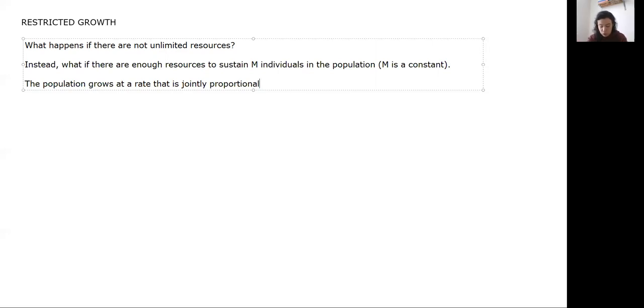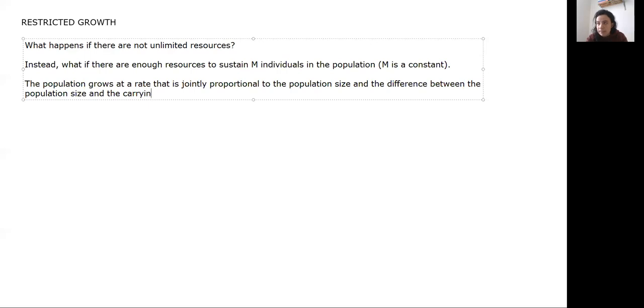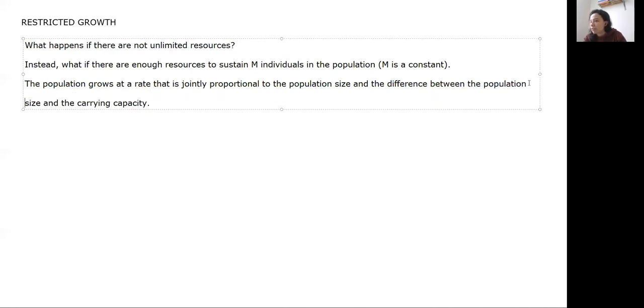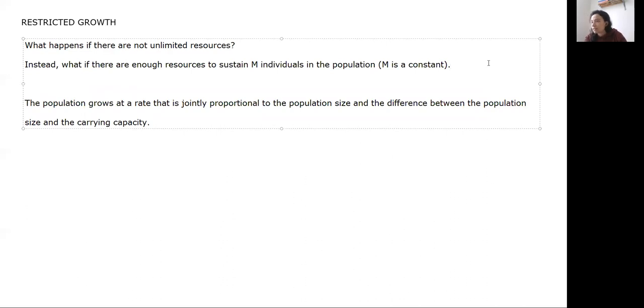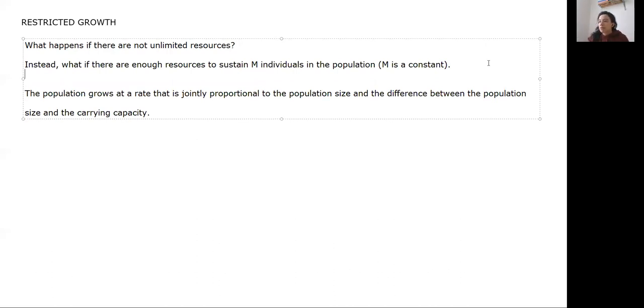So it's jointly proportional to the population size and the difference between the population size and the carrying capacity. I'm using that fancy word now for the first time. What I mean by carrying capacity is just M, the capacity that a given environment has for a population. So the population grows at a rate that is jointly proportional to the population size and the difference between the population size and the carrying capacity.